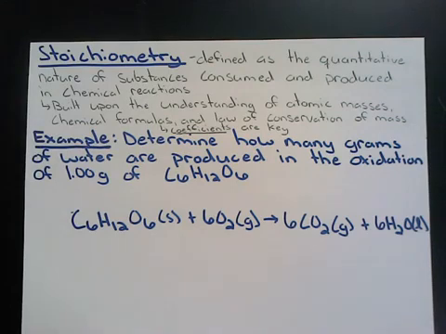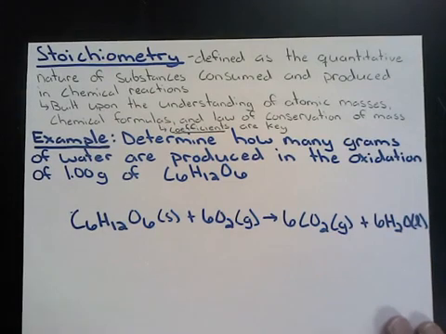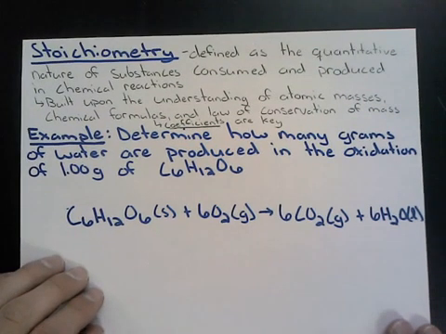Our example says: determine how many grams of water are produced in the oxidation of 1.00 grams of C6H12O6. First off, we have to think about what our roadmap is.